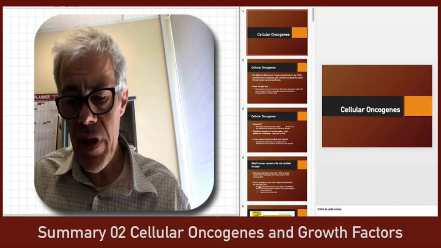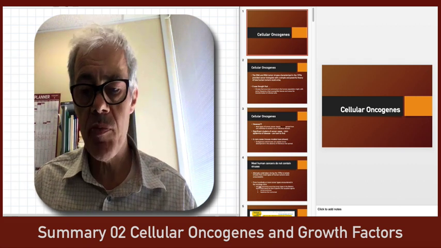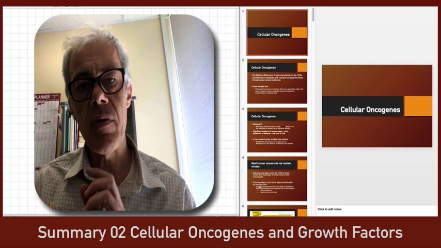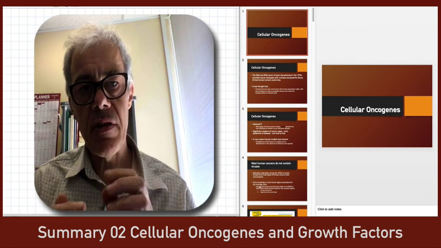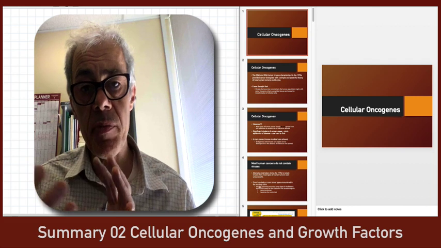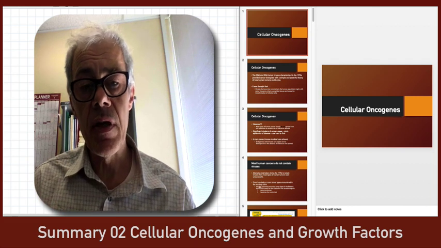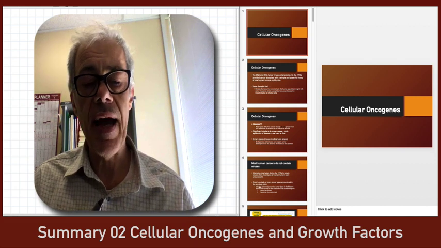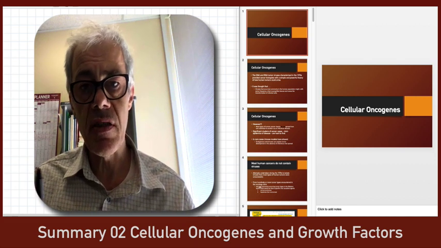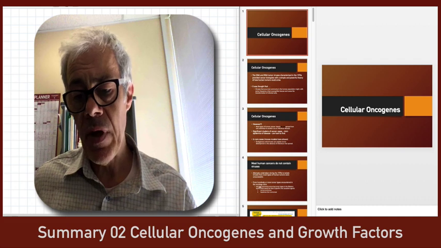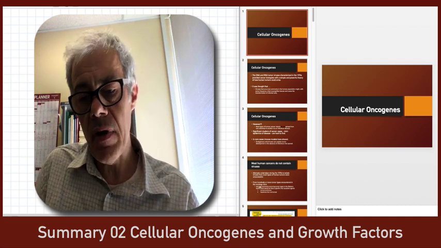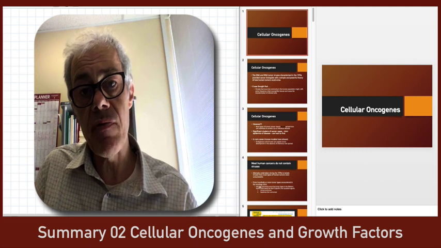Okay, so we then went on to lecture 2, where we talked predominantly about cellular oncogenes. In the first lecture we talked about some of the characteristics we observe at a phenotypic level, this idea of succession of phenotypes, multi-hits, and clonal selection. Now we're starting to look at what are some of the actual genes that are modified in cells that give rise to cancer.